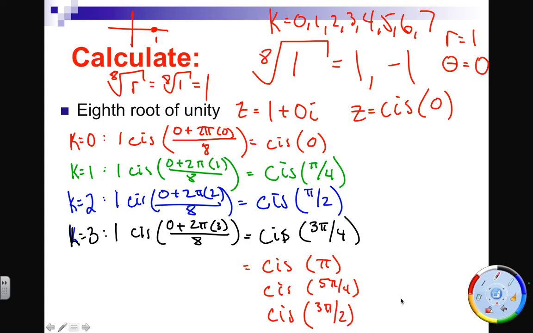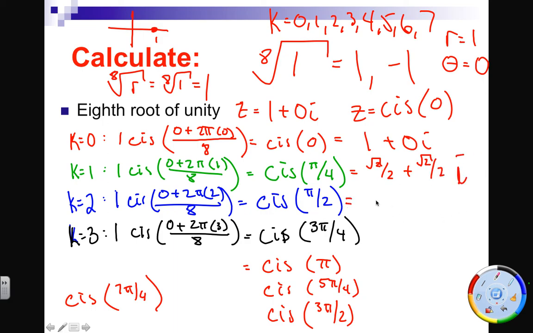6 pi fourths, which is 3 pi halves. And lastly, we would have CIS of, what is the next one? 7 pi fourths. Now, if you were to put these back into trig or the standard form, this would be 1 plus 0i. Cosine of pi fourths is root 2 over 2, and sine of pi over 4 is root 2 over 2.